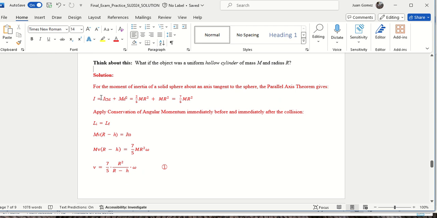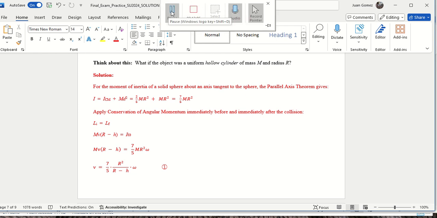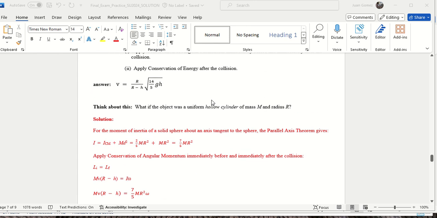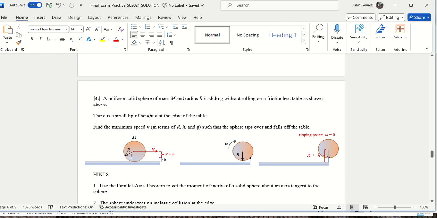Now here, let's apply conservation of angular momentum immediately before and immediately after the collision. Well, immediately before the collision, it's a uniform solid sphere, so we treat it as if all its mass is centered right at the CM, and the CM is moving with a speed of v. Well, remember, the distance from v to the rotation axis, to that black dot, you can see from the left panel, is R minus h.